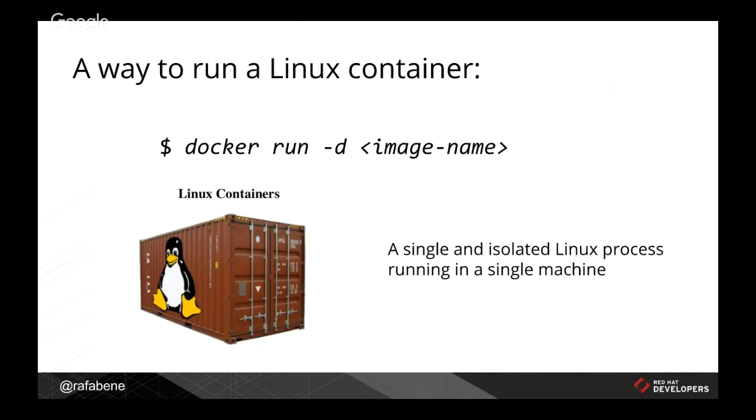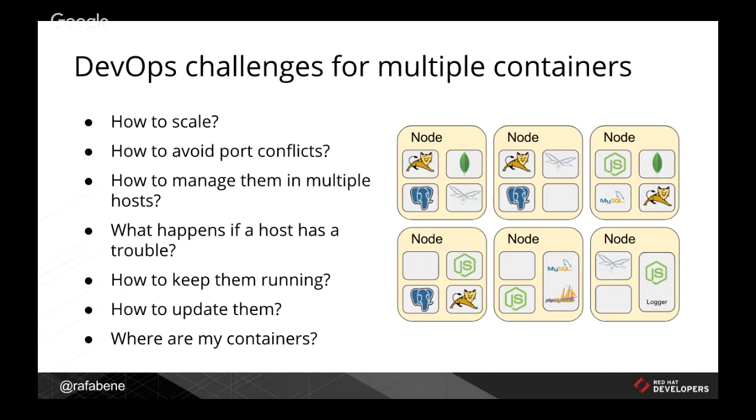Of course, one way to run a Linux container is, for example, when you go to your terminal and type docker run -d to create a detached process and the name of the image. That will create a single and isolated Linux process running on a single machine. But let's go crazy here. Let's think that you have 100 machines in your data center or in your cloud, and you decide to run 1,000 containers.